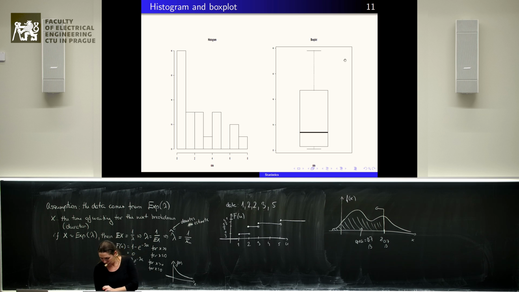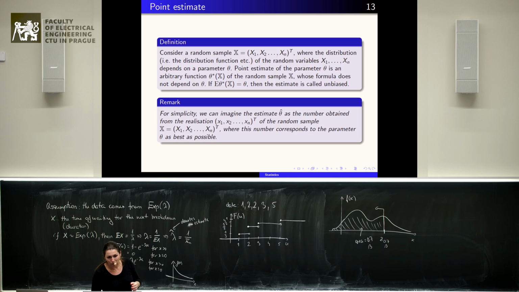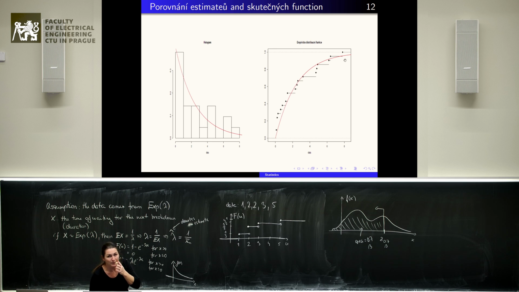The information which we obtain from this plot is how symmetrical the distribution of the values is. If it is symmetrical, then the box is somewhere in the middle, and also the median line inside is in the middle of the box. Here we can see that the values are concentrated at the bottom of the plot. So we cannot talk about the symmetry of the data.